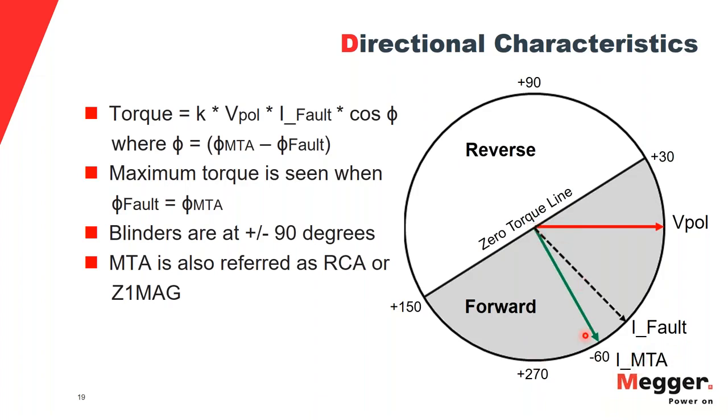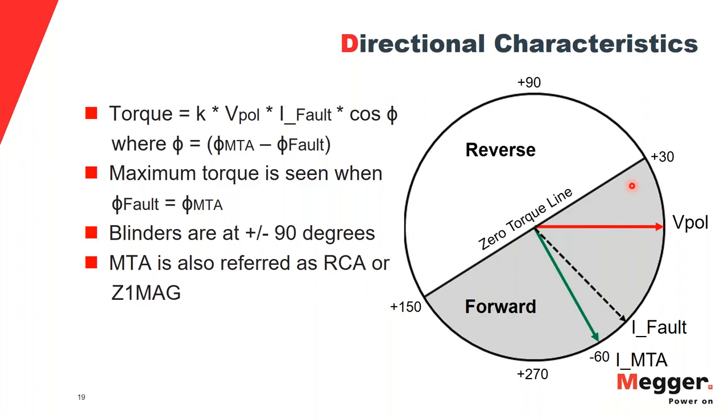So once you have this maximum torque here, what relay manufacturers do is they have some kind of a blinder. In this example, I've taken a plus minus 90 blinder. So if I see my fault anywhere in this gray region, I would declare that as a forward fault. No matter if it's leading a bit, because faults can be leading in nature.